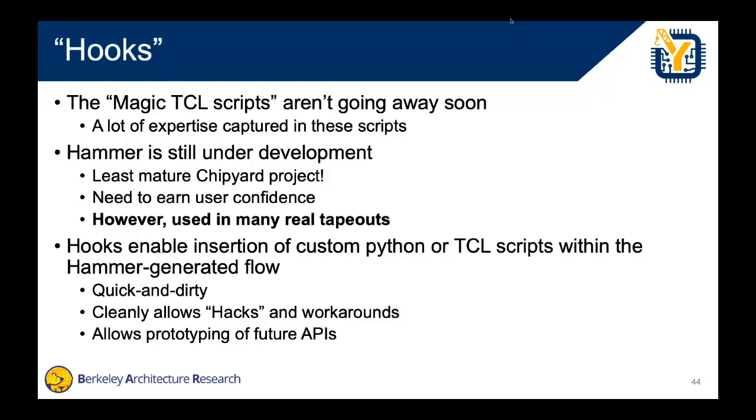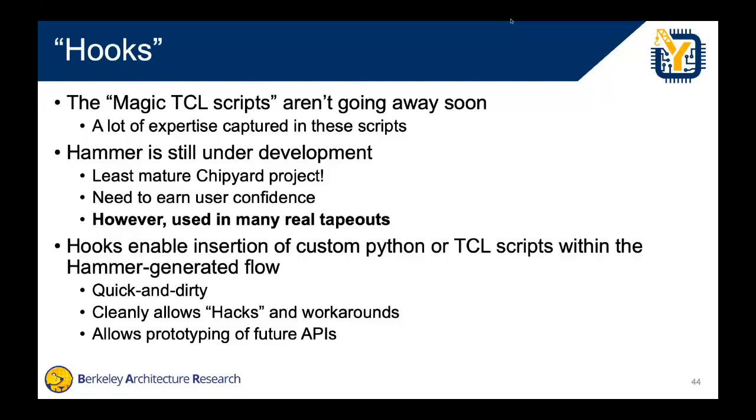You can put this bit of Tcl into a hook and then have it run before, after, or instead of particular Hammer steps. So if you have a floor plan step already done and you don't want to use Hammer's abilities, you can just replace it with your own Python or Tcl script, basically.